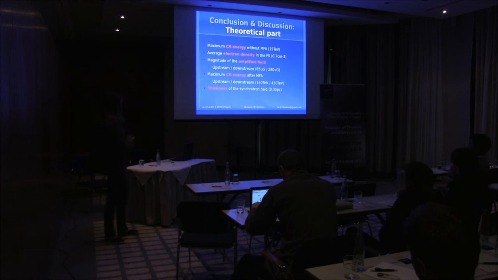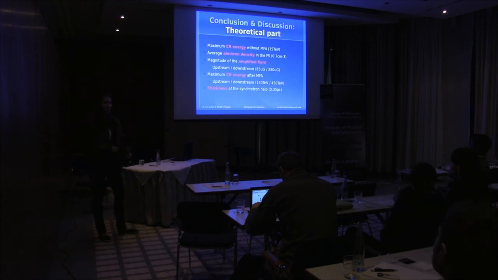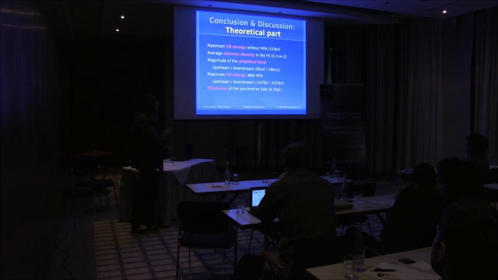So in summary, we have measured the electron density in the region of the forward shock. Then we have estimated the rate of magnetic field amplification for Tycho, and accordingly the resulting thickness of the cyclotron halo.